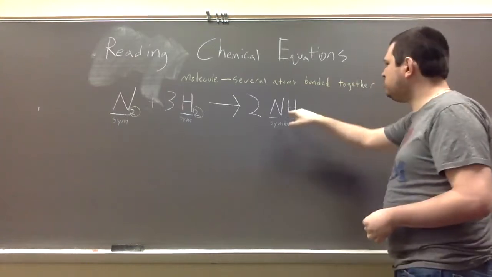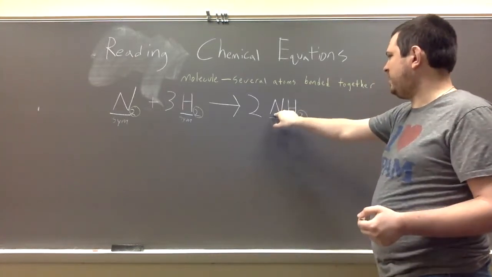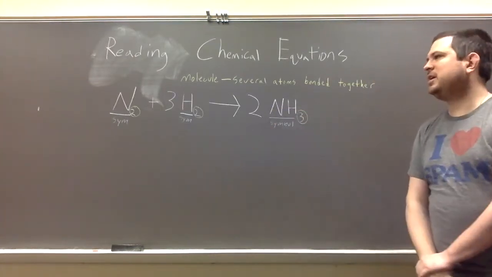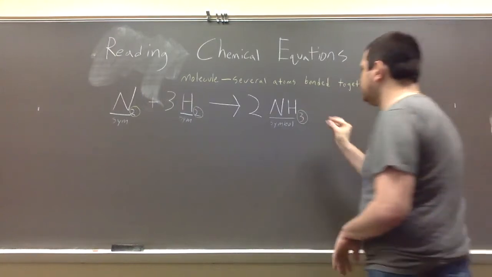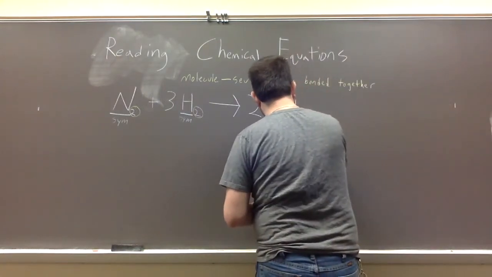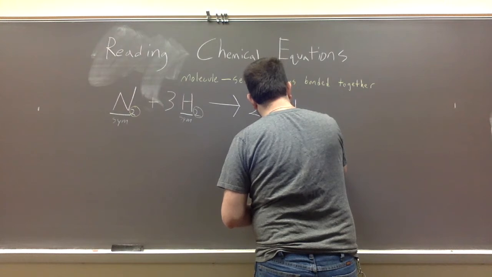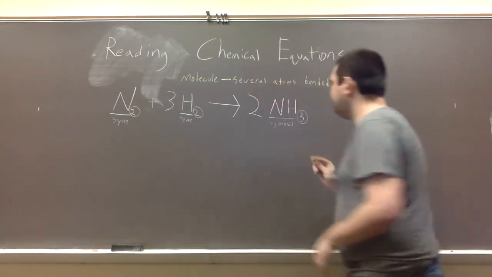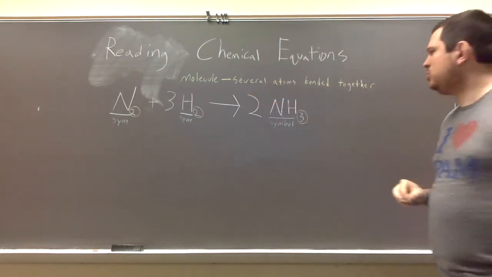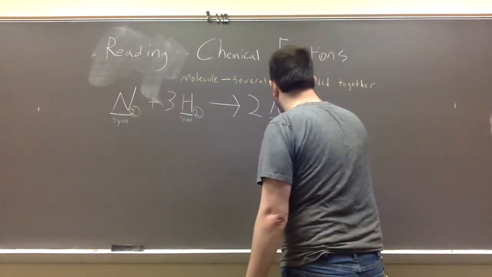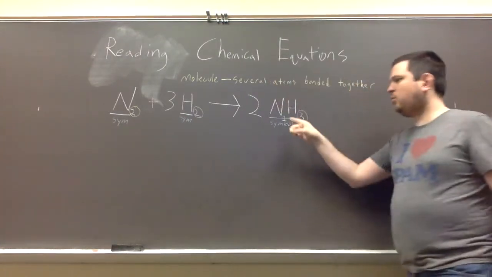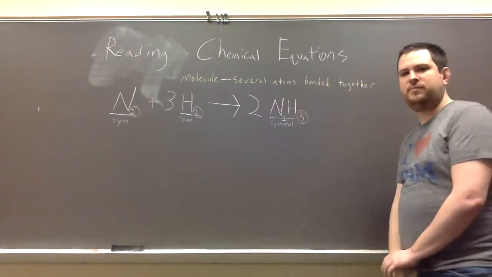So, if you do not see a number next to it for the number of atoms, you can assume, just like in math, if you don't see something next to it, you can assume that there is a 1 right there.